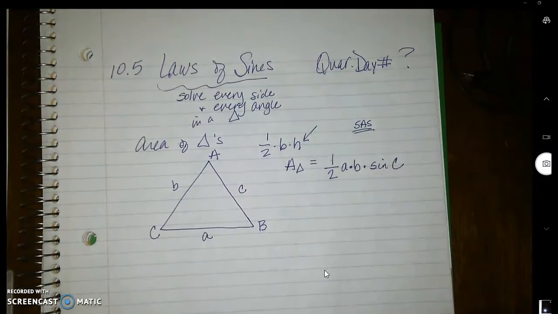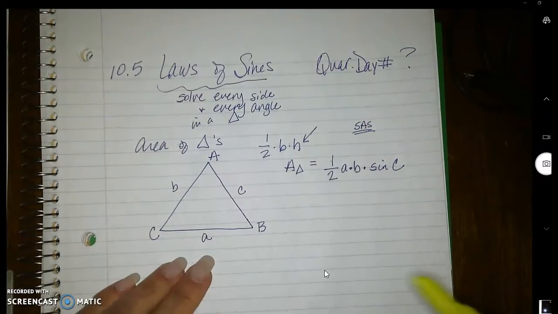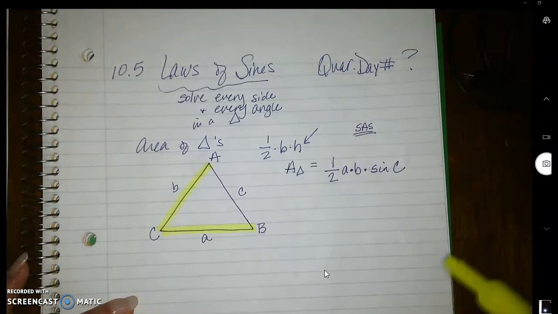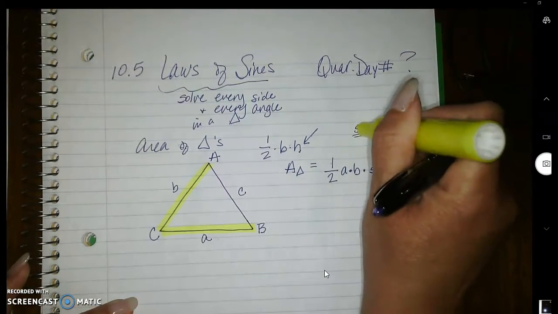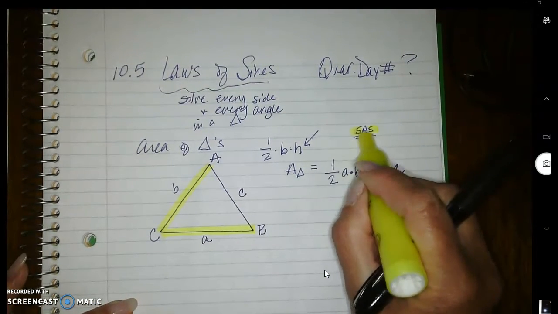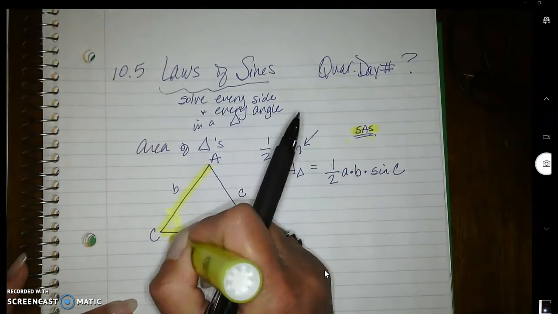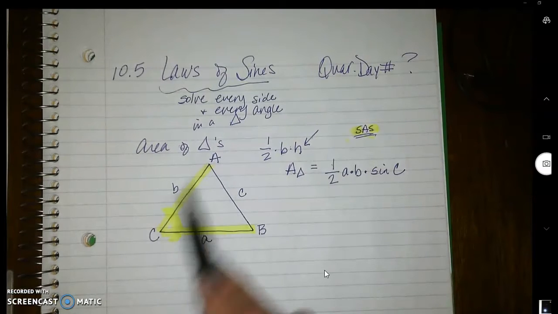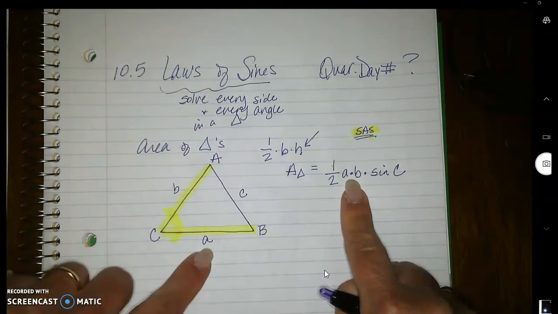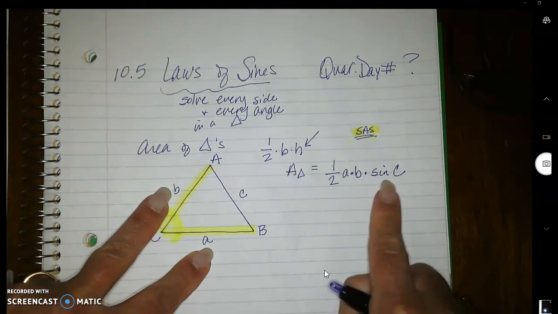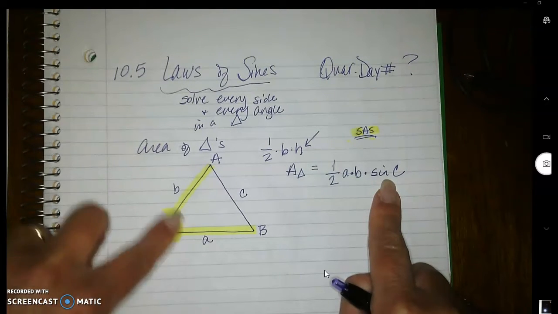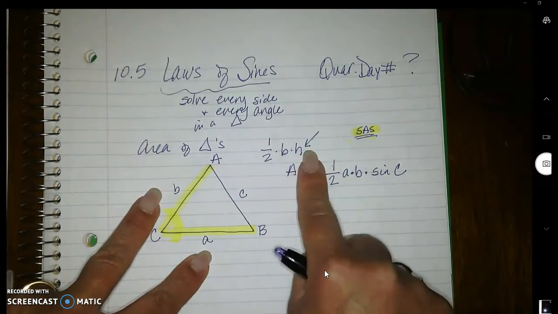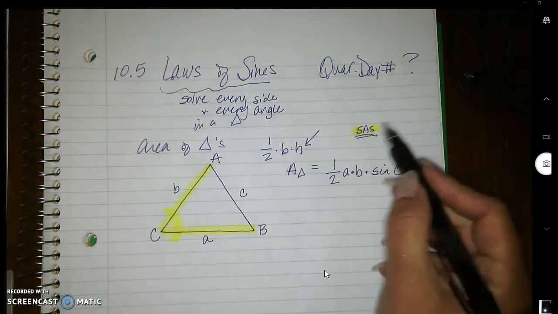Side-angle-side is when you have the two side lengths, here's my S and my S, and then the angle, since it's between the two sides, is the angle in between. Notice this formula is doing a times b times the sine of C, which is in between a and b. So this formula, the area of any triangle, can be used when you have side, angle, side.